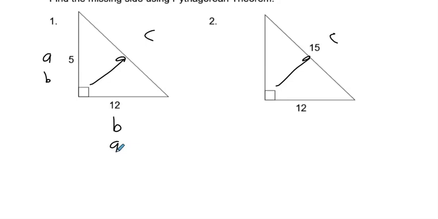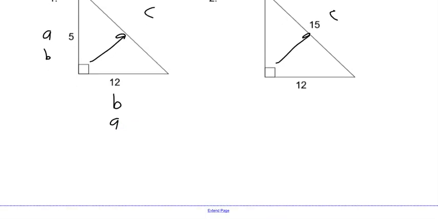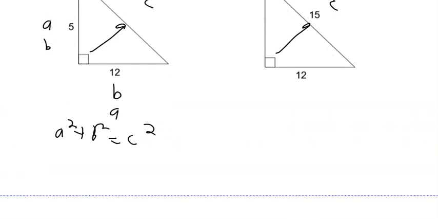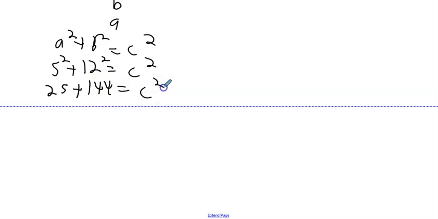Now, all we do, and I always suggest that you write a squared plus b squared equals c squared every time. It helps avoid errors down the road that I'll show you on the next problem. So, our two numbers were 5 and 12, both legs. So 5 squared plus 12 squared equals c squared. 5 squared is 25 plus 12 squared, which is 144.